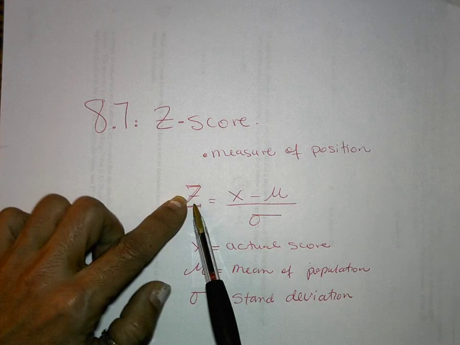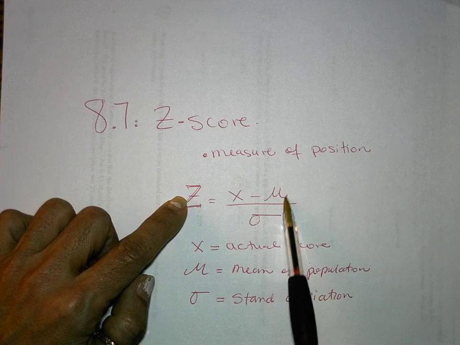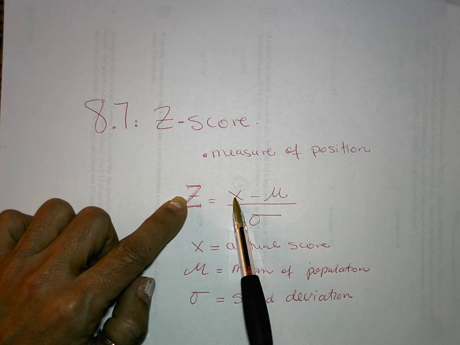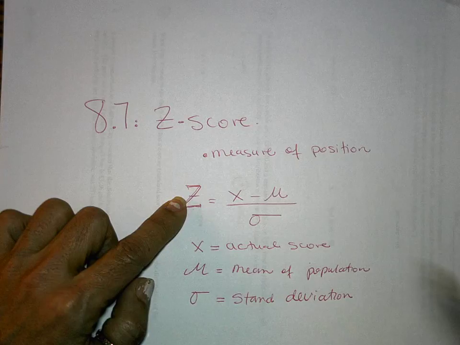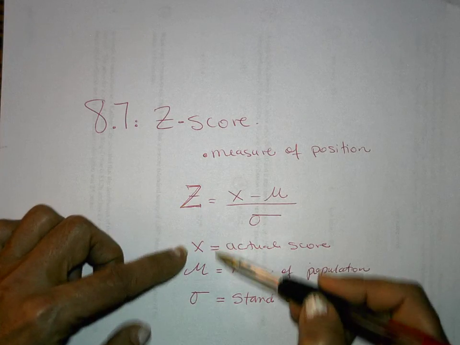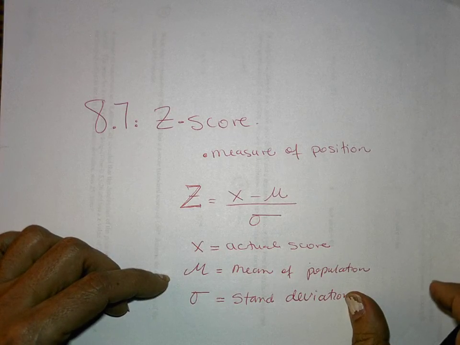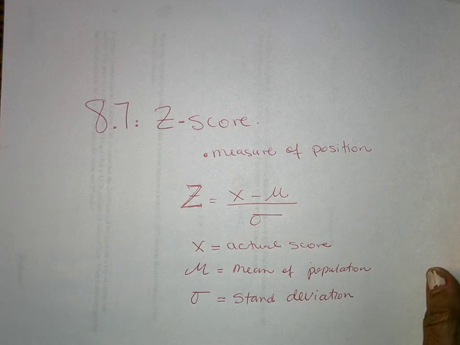Sometimes they'll give you the z-score, the standard deviation, and the mean, and ask you to solve for x. So you have to have algebra skills to solve for whatever is not given. I like to always read the problem and line up my information before I figure out what I need to solve for. Let's do some easy examples first, okay?